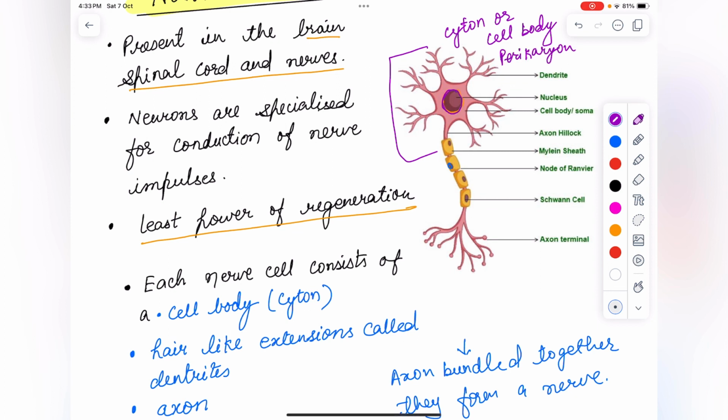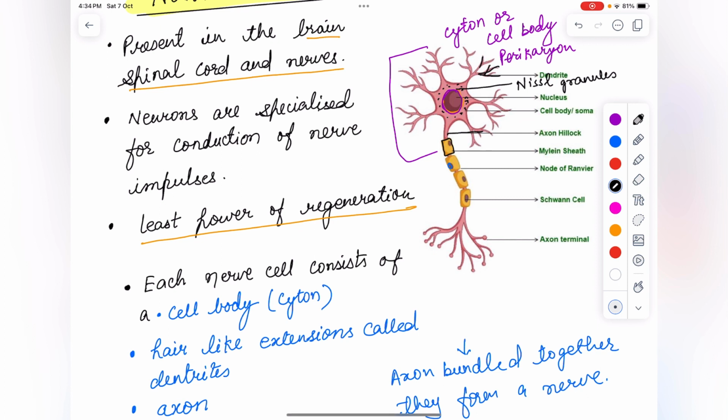This is nucleus, and in this, granules will be present. These granules are called Nissl granules. These are the dendrites. This is axon hillock, and this is the outer covering.